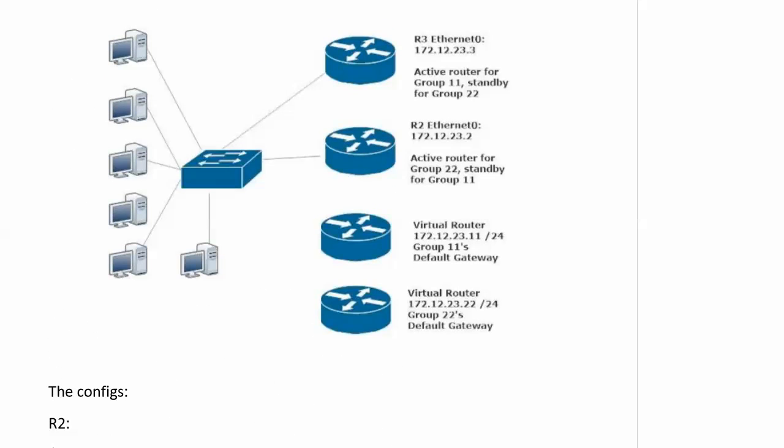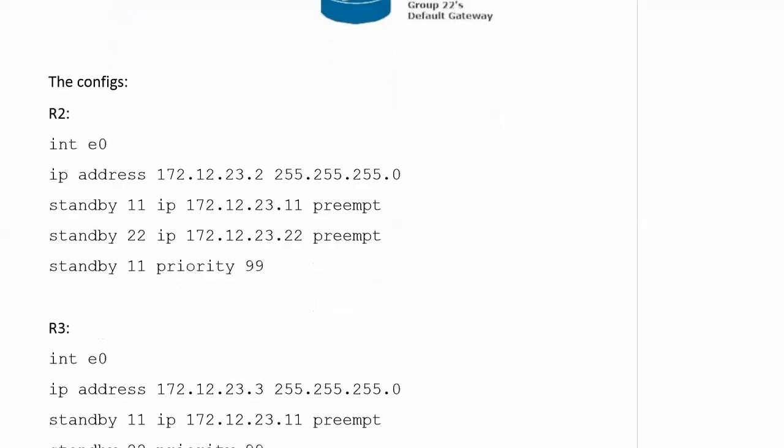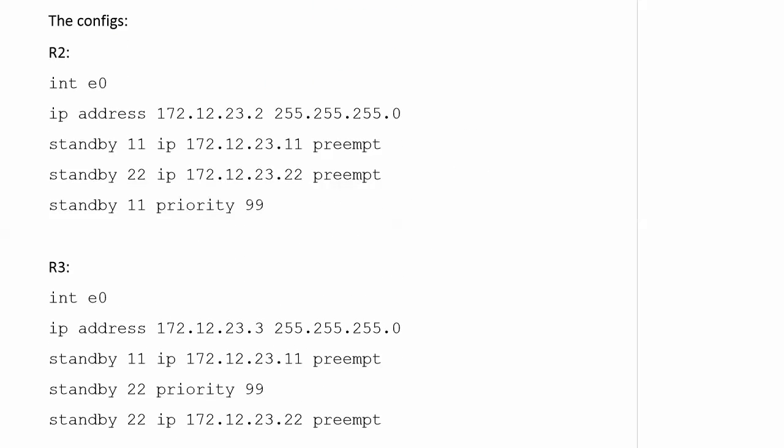So that's exactly what we wanted. Router 3 would become the active for 11. Then for group 22, router 2 would become the active router because, again, you put preempt on all your statements here, and I actively set router 3's priority for group 22 to 99.